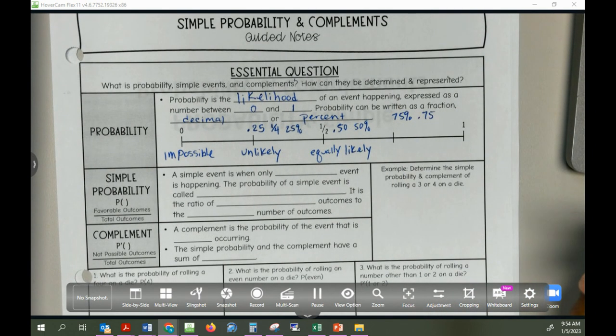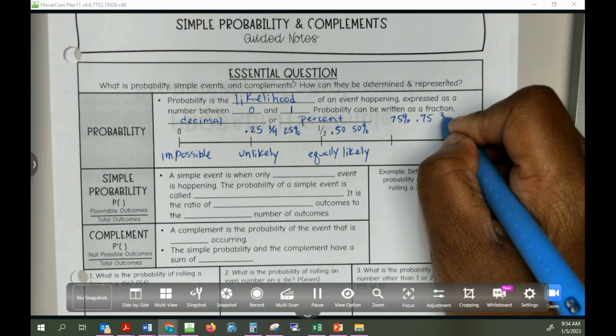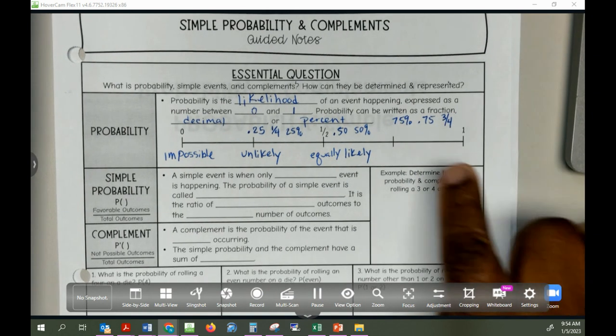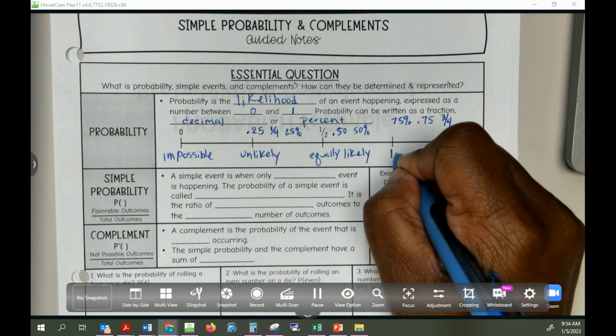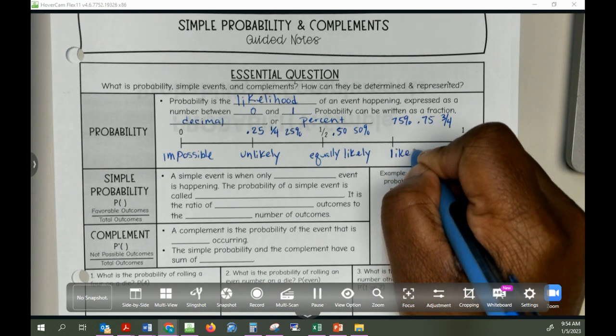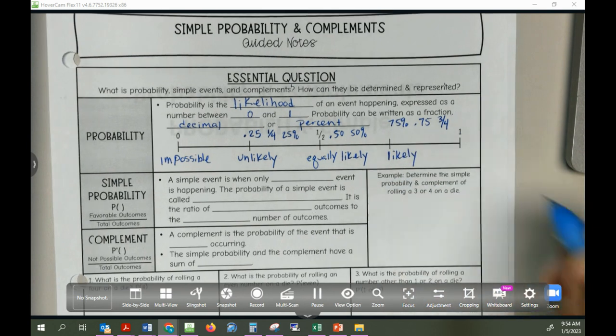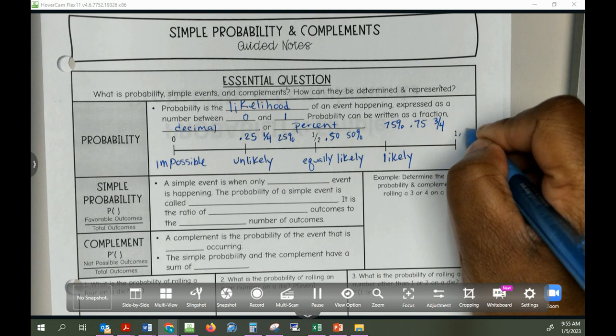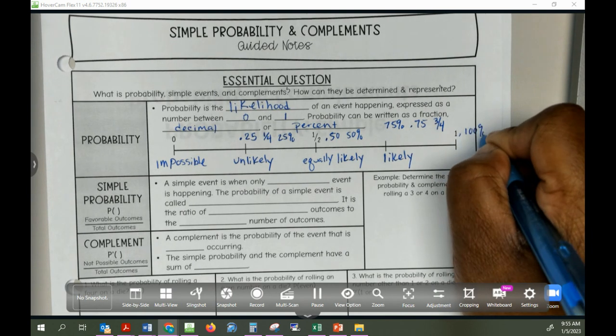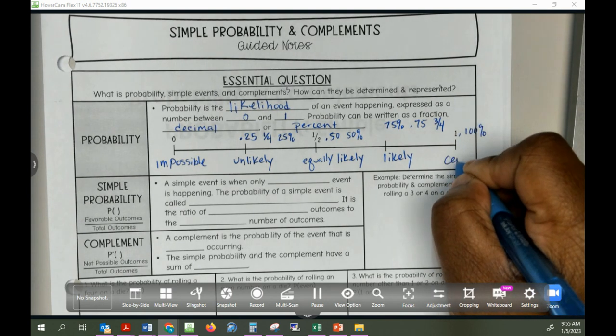And as a fraction, that's what? 3/4. So this one means that it's likely to happen. And if we're at 1, we know that's also 100%, which means that it's certain to happen.